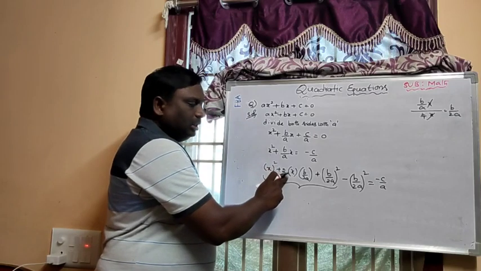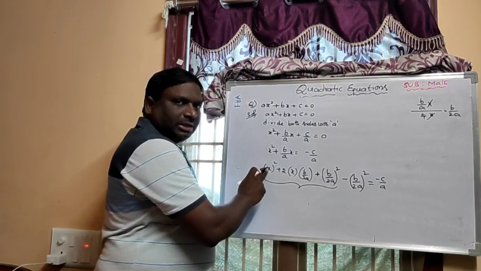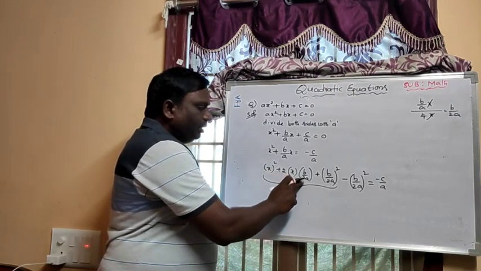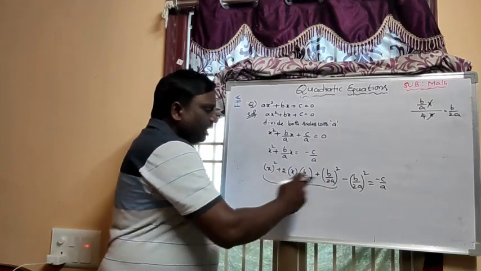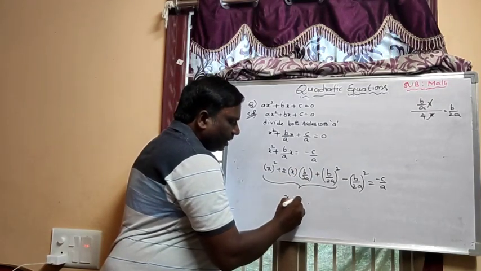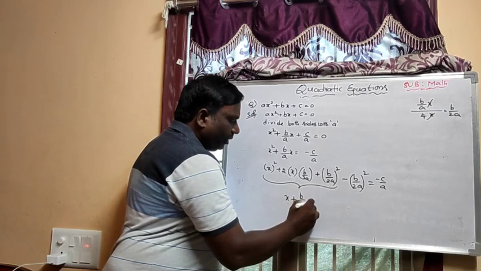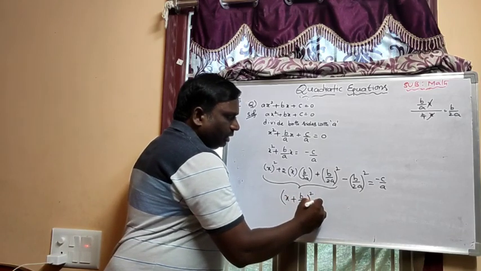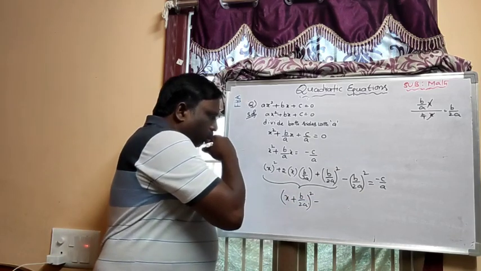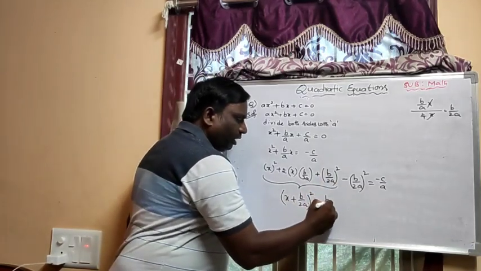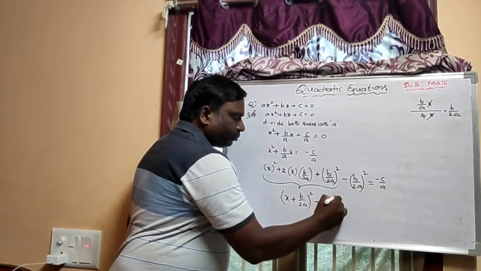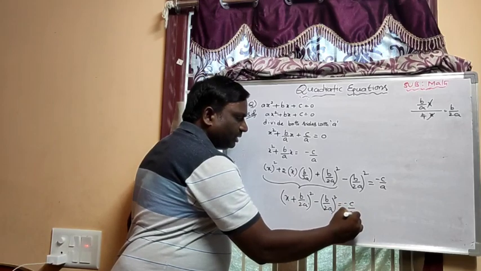So till here, identify a square plus 2ab plus b square. A square plus 2a, x is already decided as a. 2ab plus b square, that is (a plus b) whole square. So (x plus b by 2a) whole square minus (b by 2a) whole square equal to minus c by a.